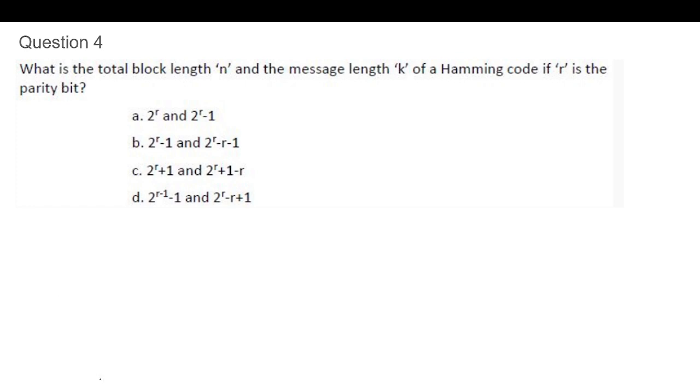What is the total block length n and the message length k of a Hamming code, if r is the parity bit? Can you solve this question?